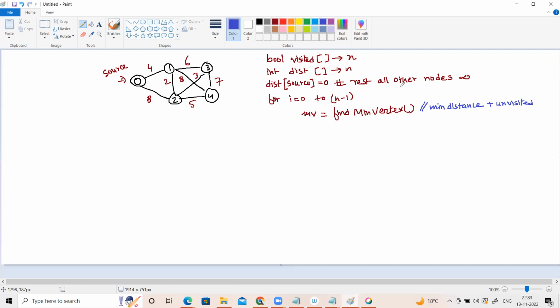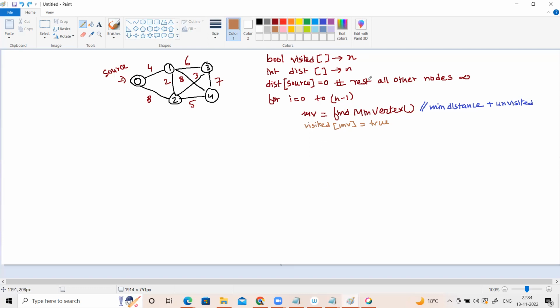So you need to check from the visited array whether it is visited or unvisited. But whenever you finally get someone who has the minimum distance value, as well as being unvisited, then we will mark it in the visited array. So the MV index of visited array is going to be true, right? Because that is considered a visited element.